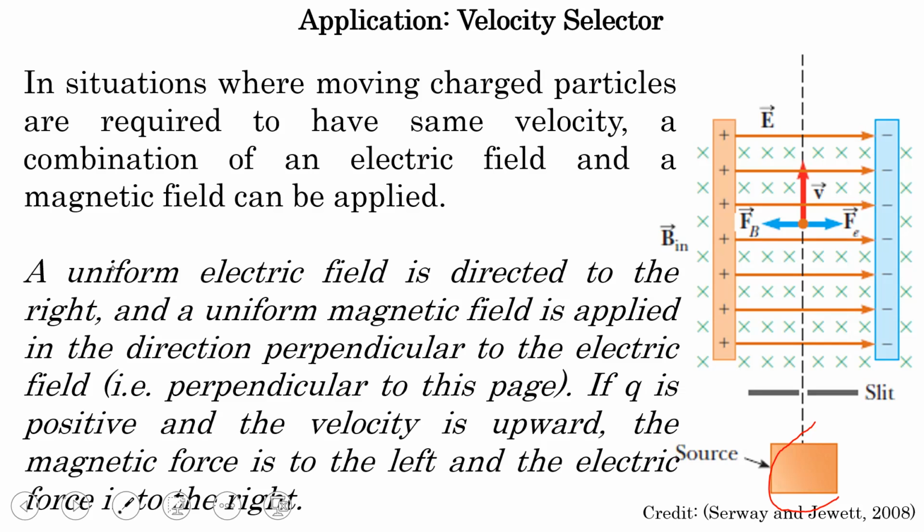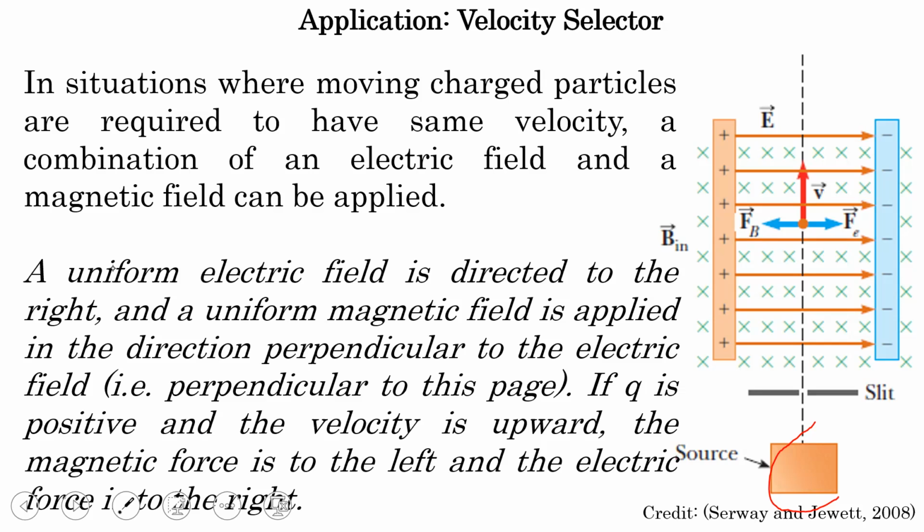So if you look at the right-hand corner, you see FE also pointing to the right. So FB, the magnetic force, is pointing to the left, and the electric force is pointing to the right. In this case, when FB is equal to FE, then the resultant will be 0. They will both cancel out.